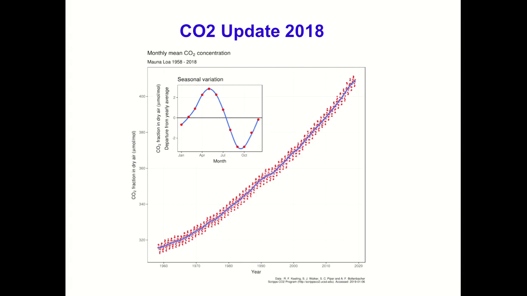But you can see we're now approaching 410 parts per million. And again, that question when I asked you about the seasonal variation, you can see around April, May, summertime, the concentration is typically above average compared to wintertime.